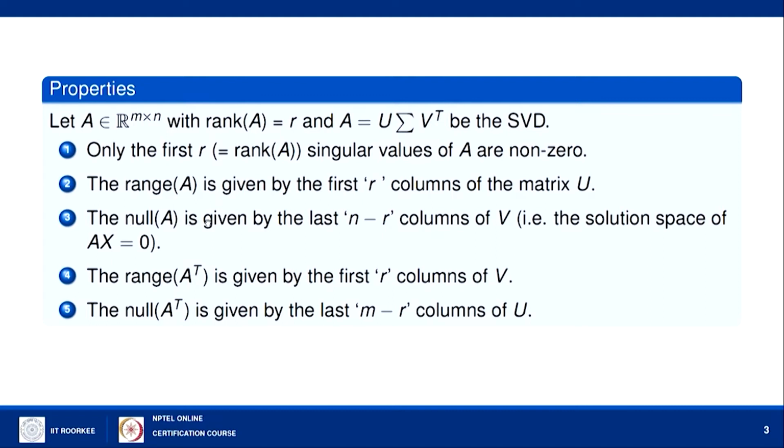Similarly, the null space of A is given by the last n minus r columns of V, that is the solution space of Ax equals 0. So, what I want to find is Ax equals 0, which means U sigma V transpose x equals 0. From there I can say it will be 0 when V transpose x equals 0, because when this matrix operates on a 0 vector, it gives 0.